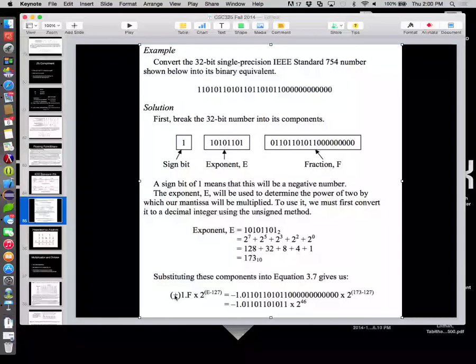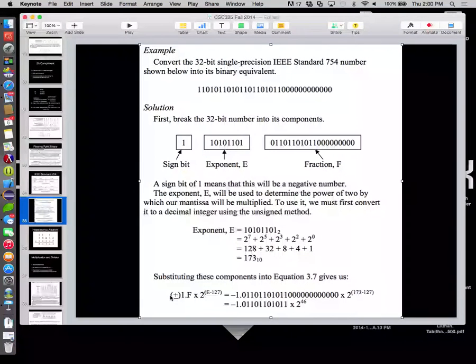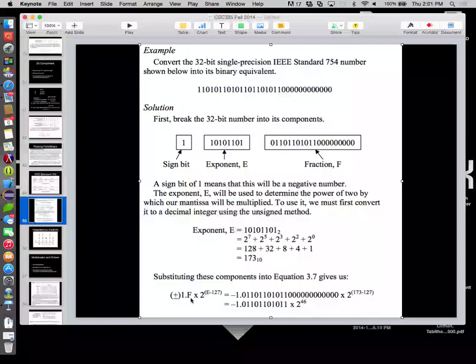So now we've finished this part of it, whether it's positive or negative. Then we're always going to have a 1 followed by a period, so we might as well put the 1 period in here as well. And then we have a space followed by an X followed by a space followed by a 2. Well, actually, before that, we have our F. So we're going to need to insert F in there.